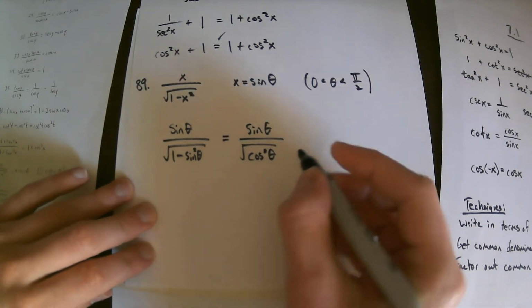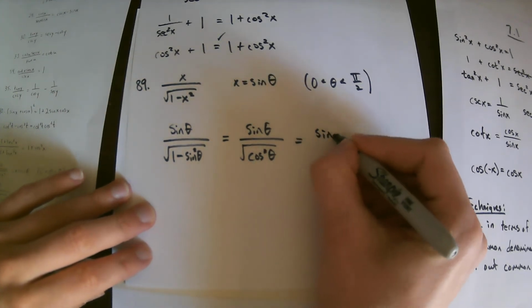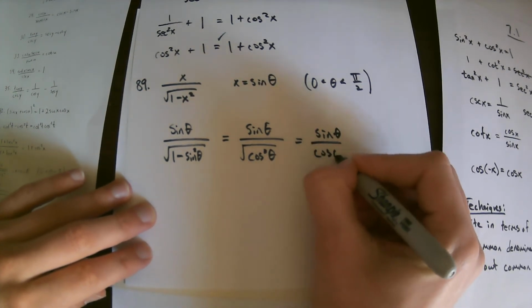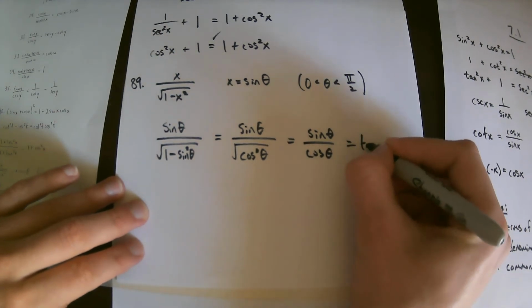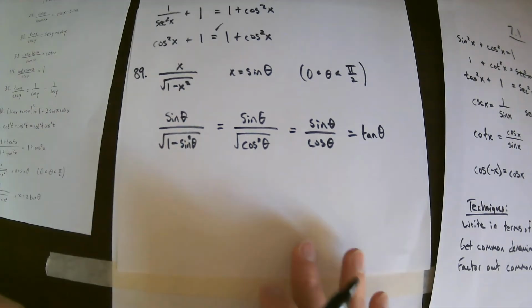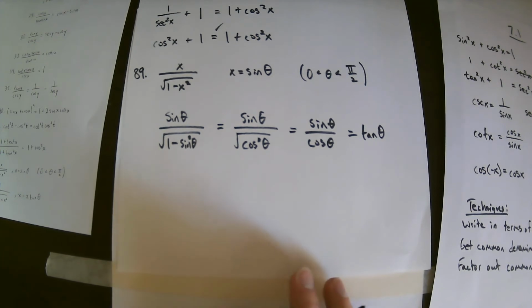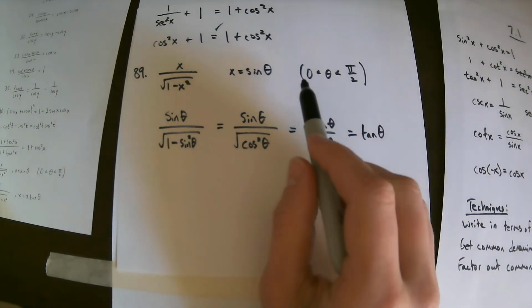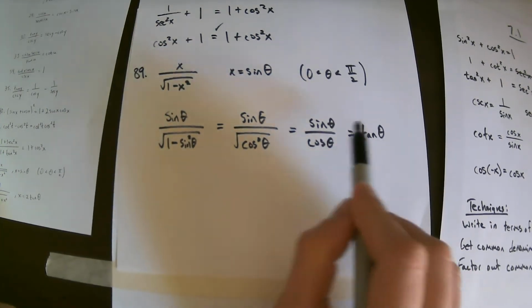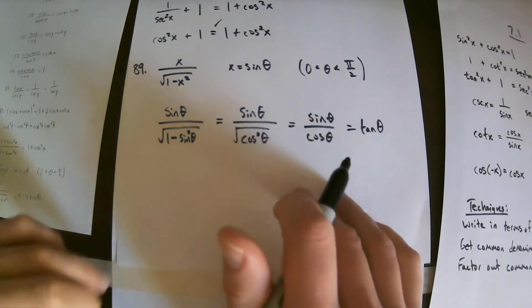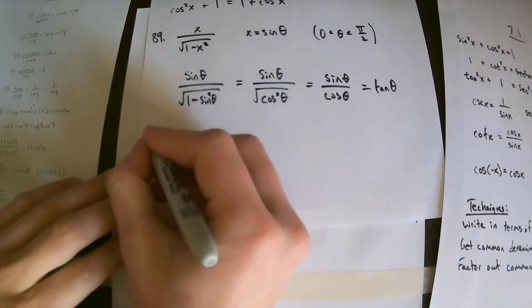And the square root of cosine squared is going to be just cosine. And that's just tangent of theta. I suppose we also need theta to be bounded just so we don't run into any issues with the trig functions themselves.